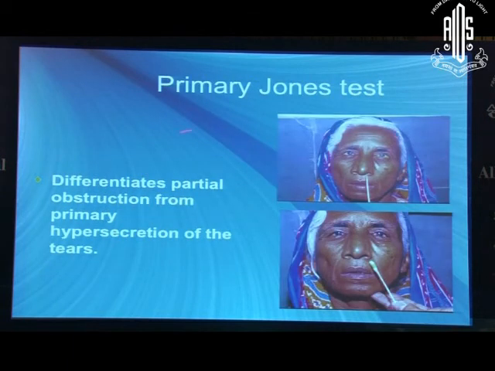In the primary Jones dye test, you would put a dye into the conjunctival sac, put a pledget of cotton into the inferior meatus far enough to the position where the opening is present and see whether any dye gets through. If it does, then obviously the system is functioning and doing what it should be doing.